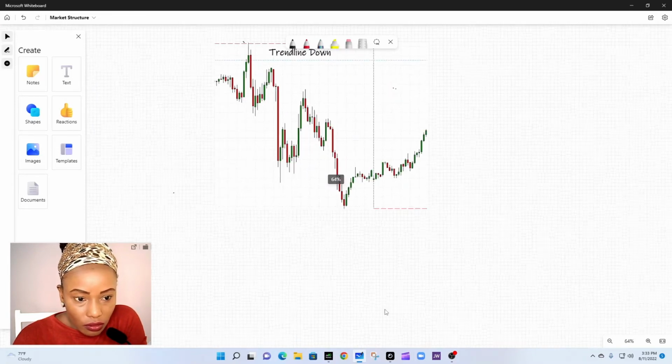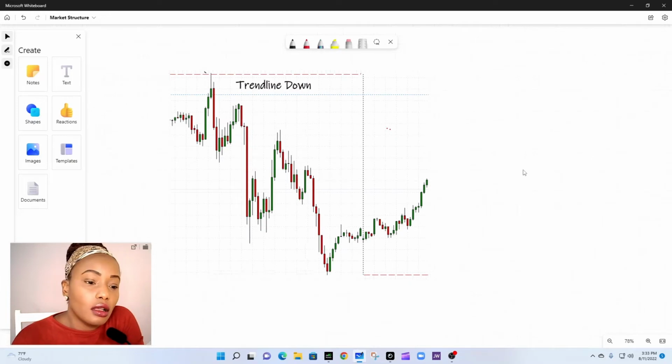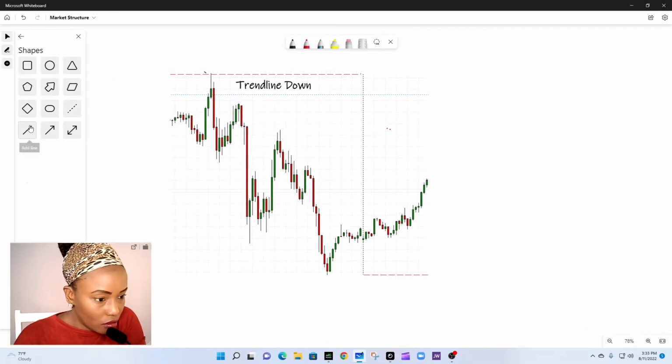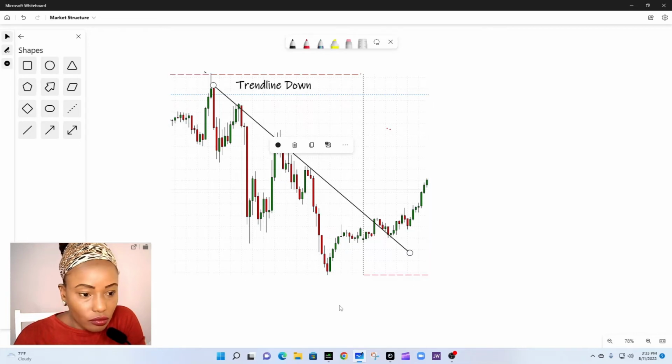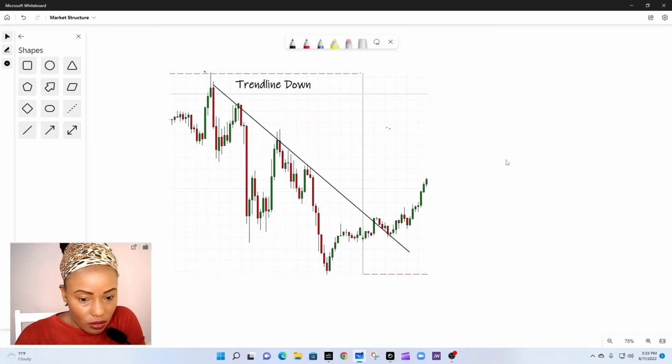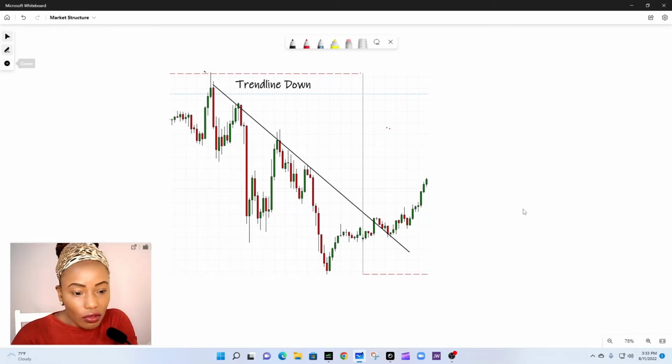So this is a downtrend market. Let's draw a trend line by touching 2 price points. So this is my first price point here, and this is my second price point. So I just extend the trend line. Okay, you extend your trend line, and there you are. You have your trend line.